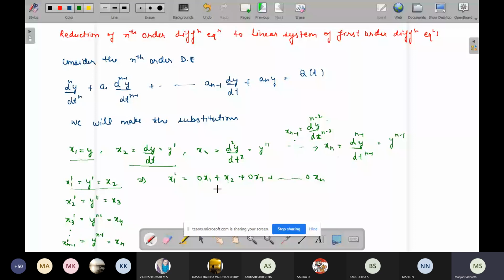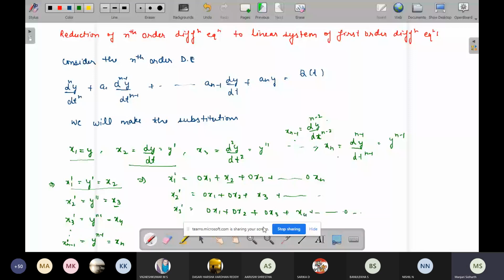Only this equation I am writing in this form. Take x2 dash. From here, only the x3 coefficient is 1. All are 0: 0 x1, 0 x2, x3, and so on. Take x3 dash. That means 0 x1, 0 x2, 0 x3, and only the coefficient of x4 is 1. All are 0.